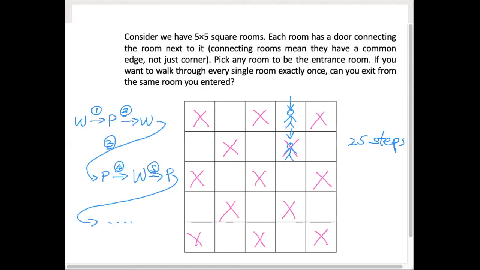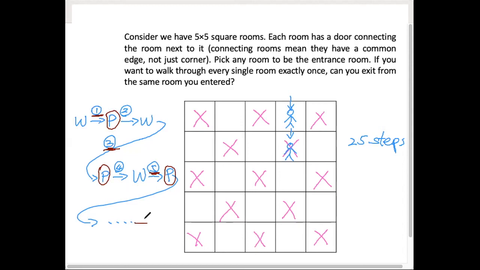We can see the odd number steps are this one, and then this one from our first few examples. No matter which step, as long as it's an odd step, we will always end up in a pink room.